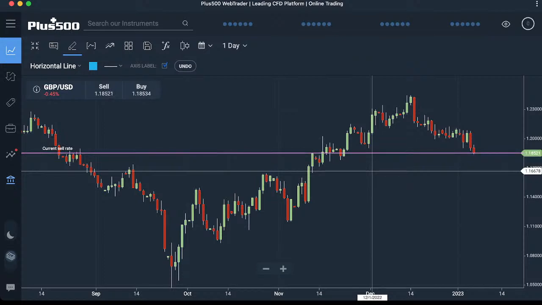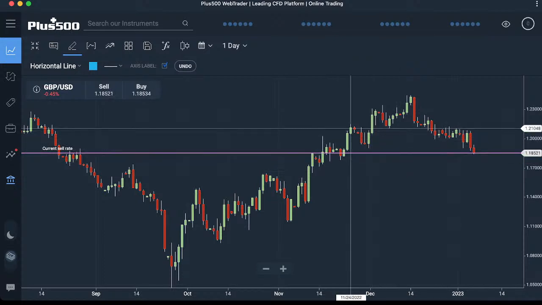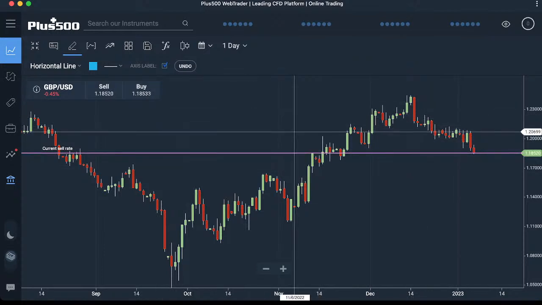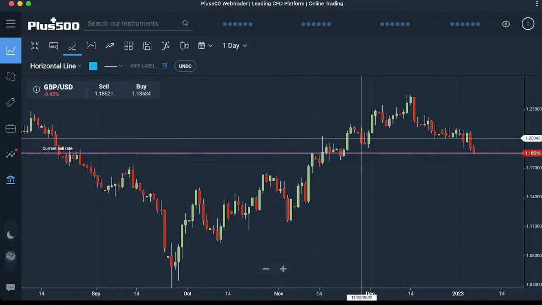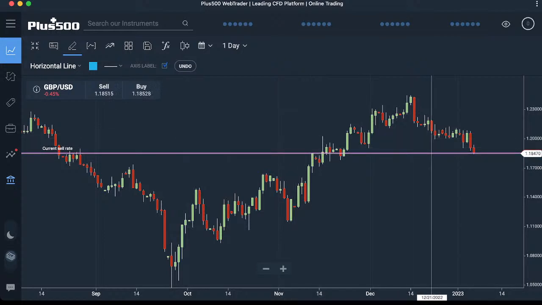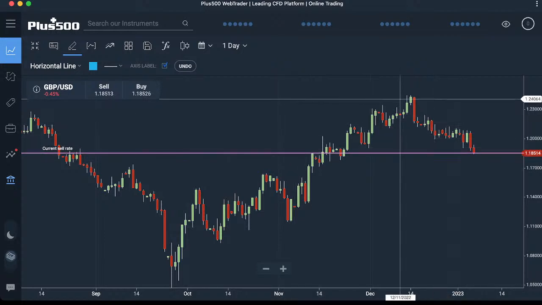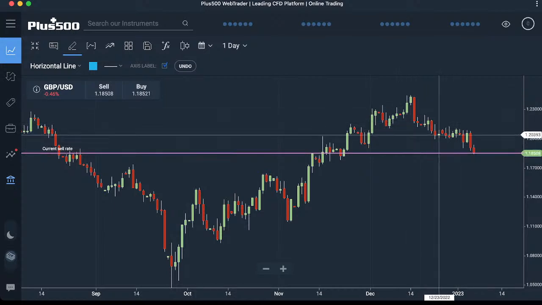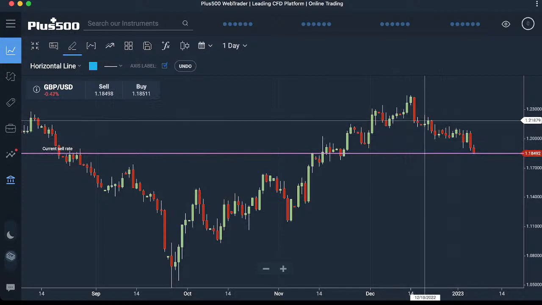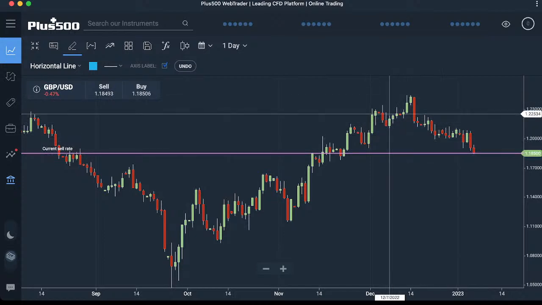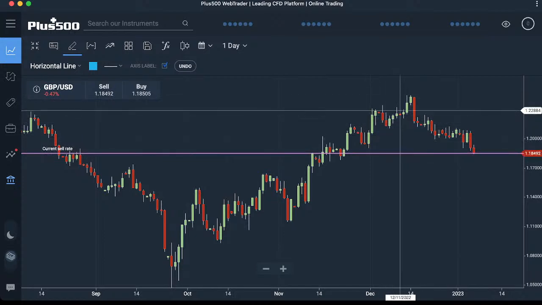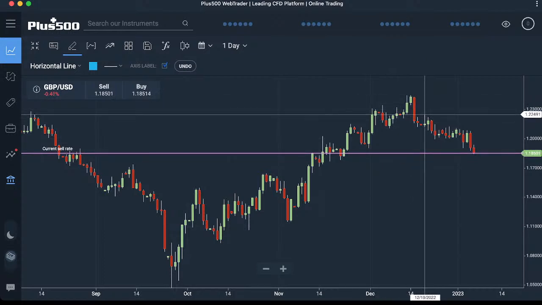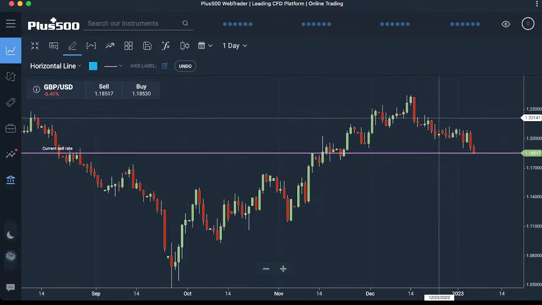So the daily chart, and I'm going to use the horizontal blue line, and let me outline the recent daily price action and show you where we are at the moment. If we look here, the market price action is coming to the downside, and here it is making a fair value gap at this level.